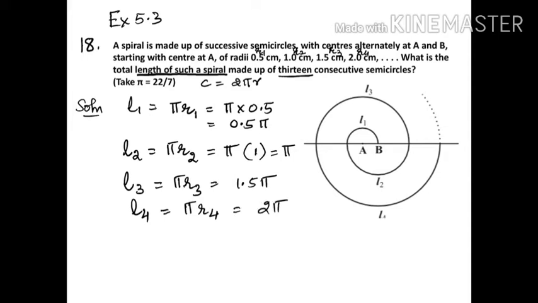So now we have an AP in which the terms are the lengths of the semicircles that make up the spiral. The length of the first semicircle is the first term of the AP, that is 0.5 pi. The length of the second semicircle is the second term of the AP, and so on.